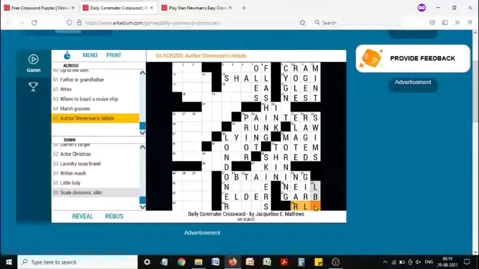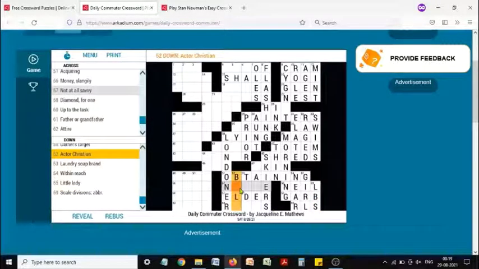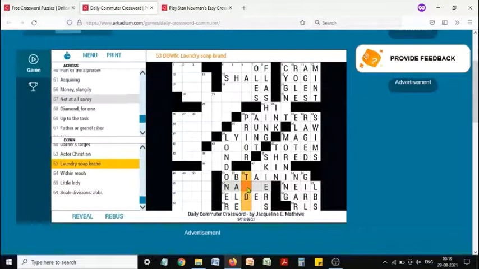Author Stevenson's initials, so he was Robert Louis Stevenson, RLS. And this one has filled itself in scale divisions. So this is the abbreviation for pounds. Right, actor Christian Bale. Batman, do you remember? Laundry soap brand is Tide.